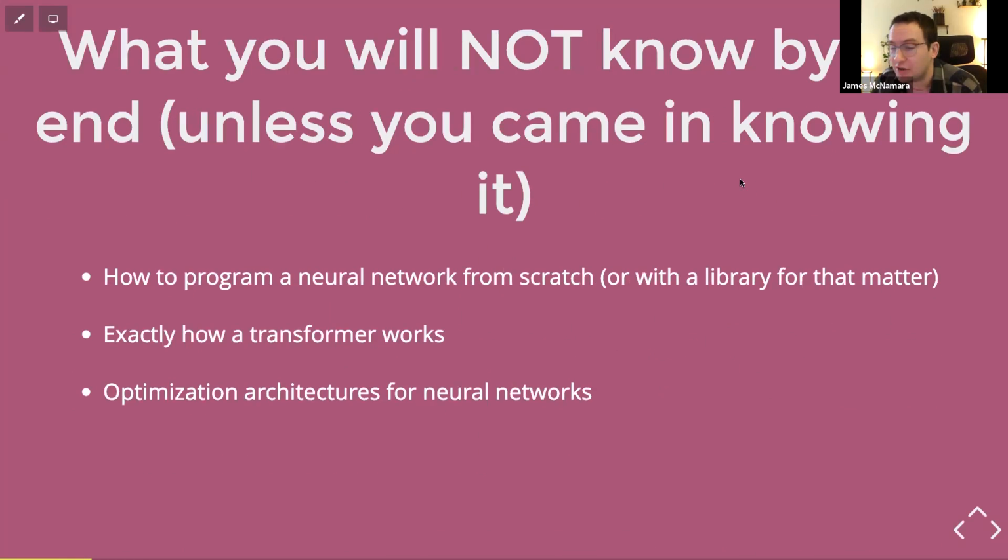What you're not going to know, unless you already know how, is how to program a neural network, exactly how a transformer works, or all of the many different optimization architectures that exist, like convolutional neural networks, which are just there to make neural networks much better at handling a specific problem. We're just going to blast right past those. Cool.